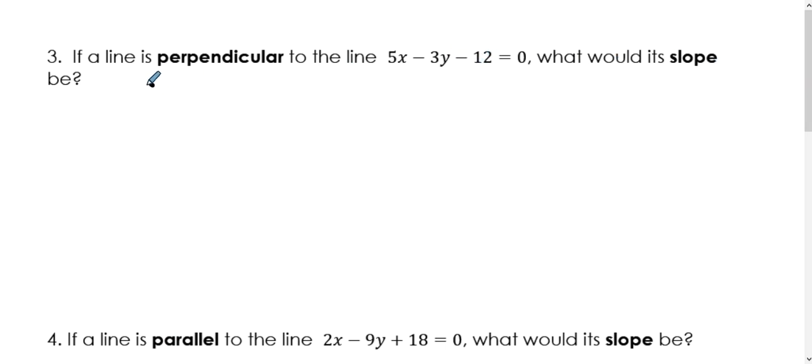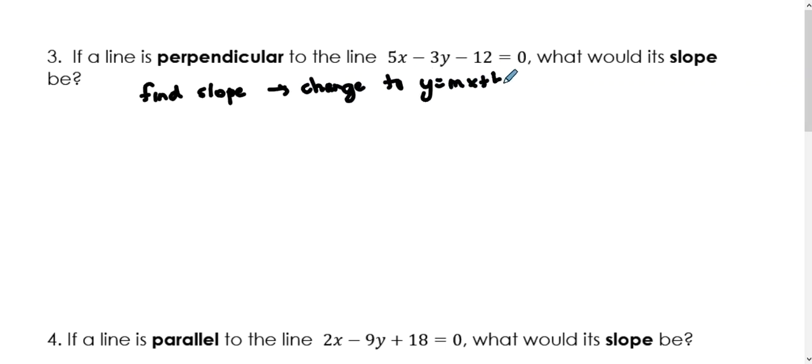Well, we got to find the slope. So in this case, I'm going to change to y equals mx plus b, because we know what the slope is. So I have 5x minus 3y minus 12 equals 0. Subtract 5x, add 12.